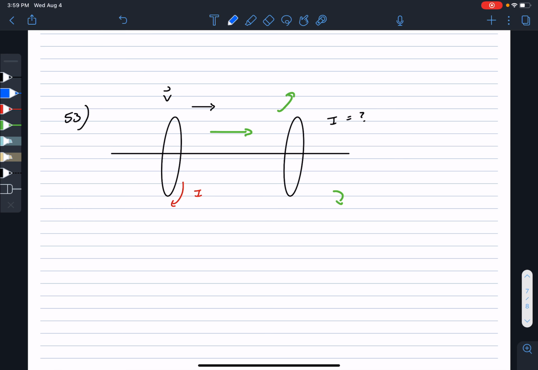That means that we're going to get an opposing B field coming from the wire, which means if we use our right hand rule again, that we're going to have a current traveling in this direction. And if we're looking straight down, this thing is curling counterclockwise. So the current is going to be, we'll just say CCW, counterclockwise if we're looking down from the left.